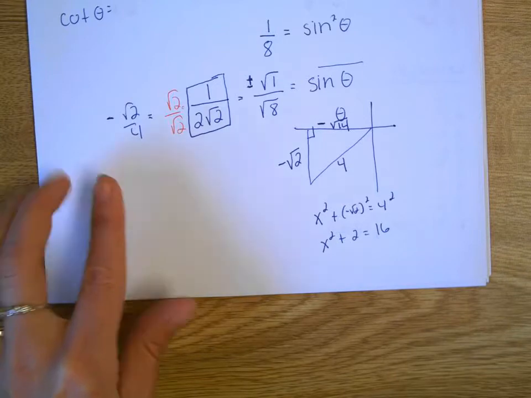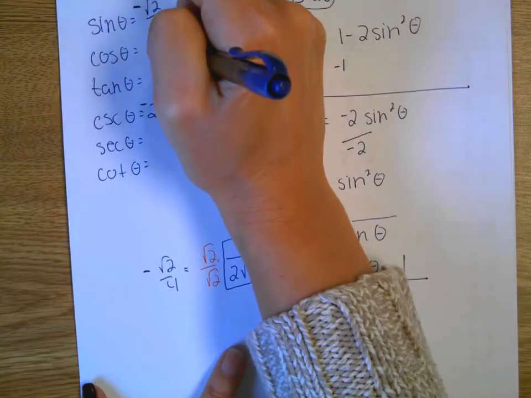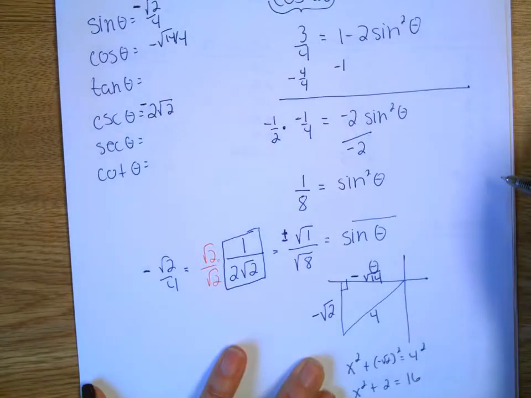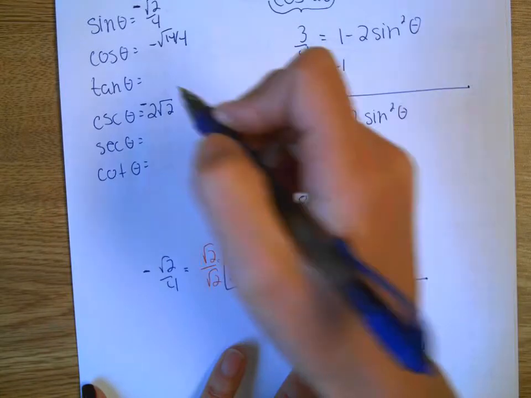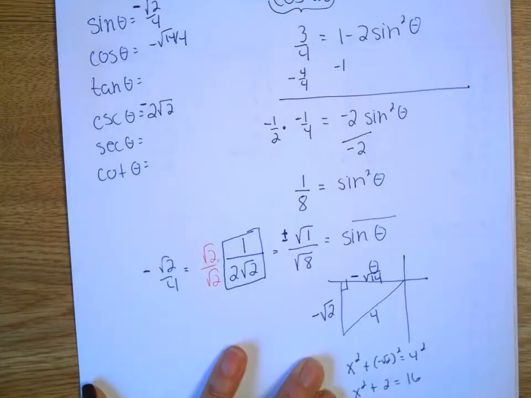So you ready for that? So cosine is negative square root of 14 over 4. So we have to hit it with a 1 here. Can you flip it over and hit it with a 1 all in your head?